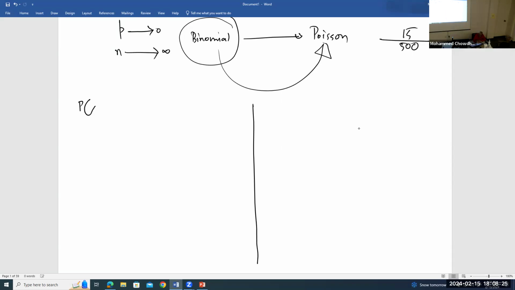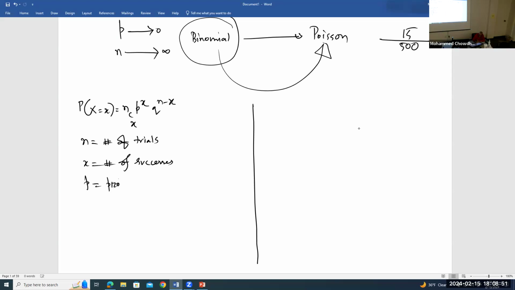This is the probability distribution function of the binomial distribution, where q equals n minus x, n equals the number of trials, x equals the number of successes, p equals the probability of success, and q equals 1 minus p, the probability of failure, right?